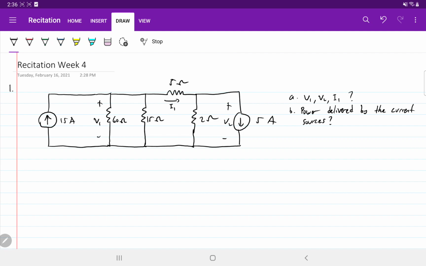For example, we can see that this is one essential node because it connects the one current source and three resistors, right? And this thing, though you can say it's a node, is essentially the same as this one, because you can always redraw something like this, right? So they are the same actually.